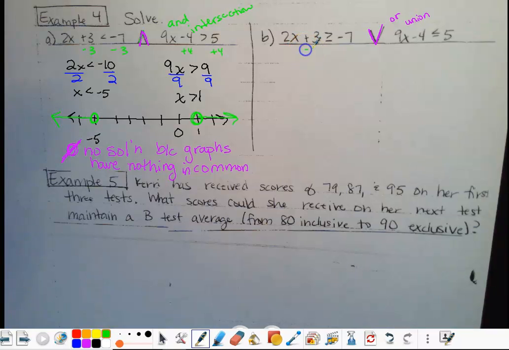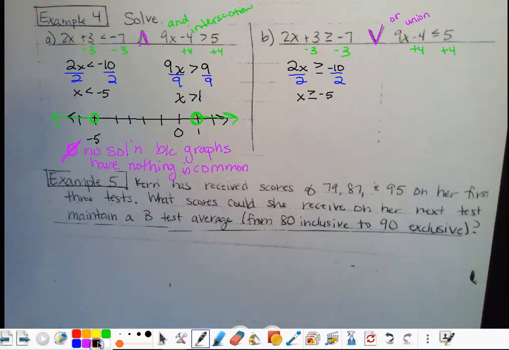So first up, let's subtract 3, and that will give us 2x is greater than or equal to negative 10. Let's divide by 2 on both sides, and that will result in x is greater than or equal to negative 5. Good. The other equation, let's do plus 4 because it's being subtracted.